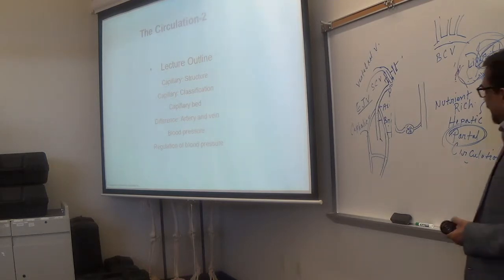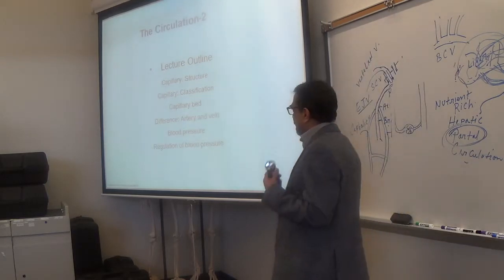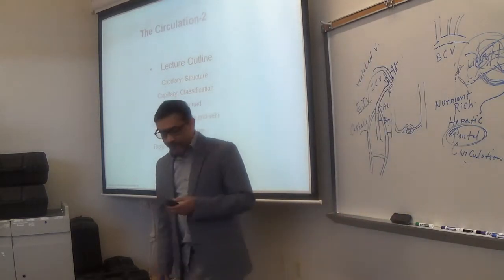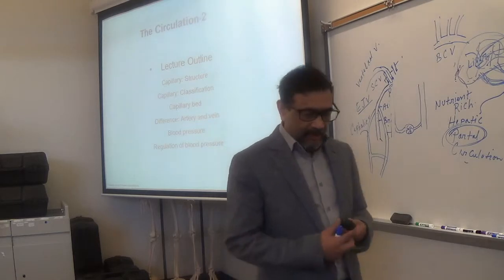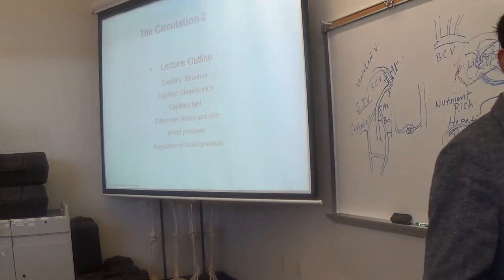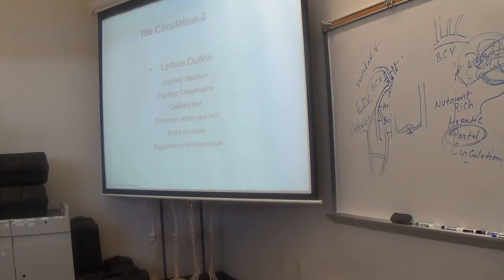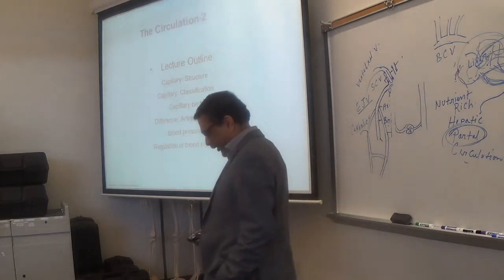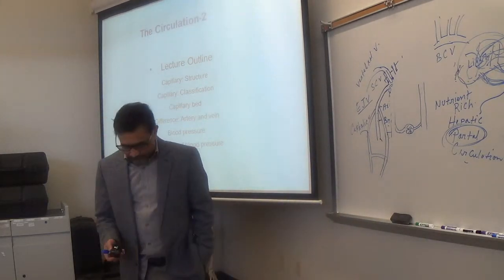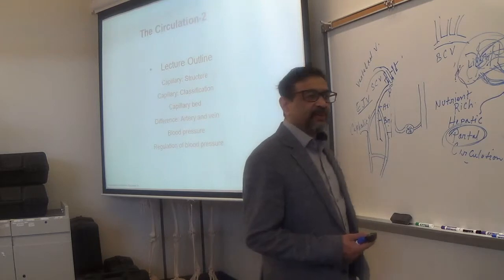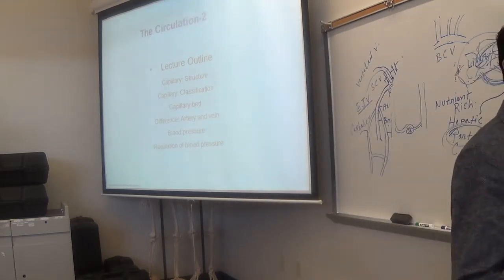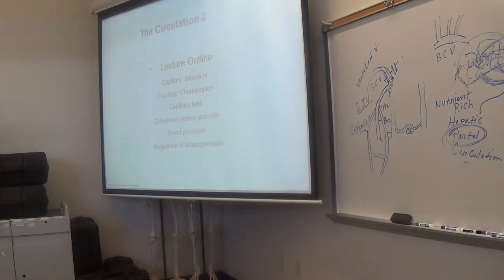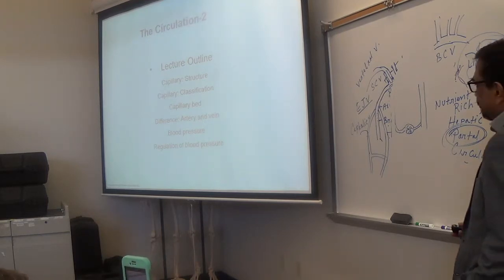Now we'll see the capillaries. Capillaries are the exchange vessels, blood vessels through which exchange of chemicals takes place: exchange of nutrients, gases, metabolic waste. Those chemicals pass through the capillary wall.